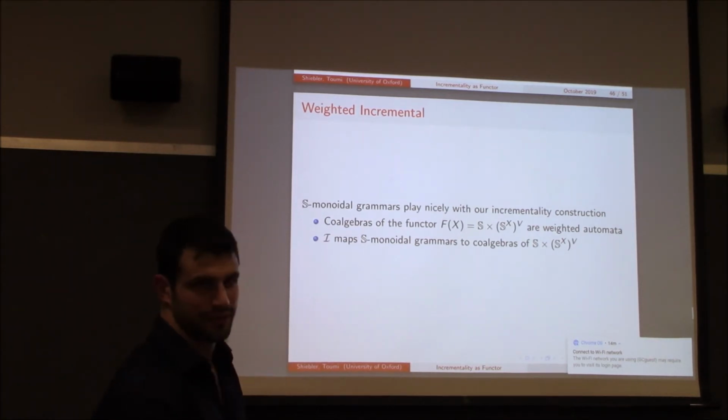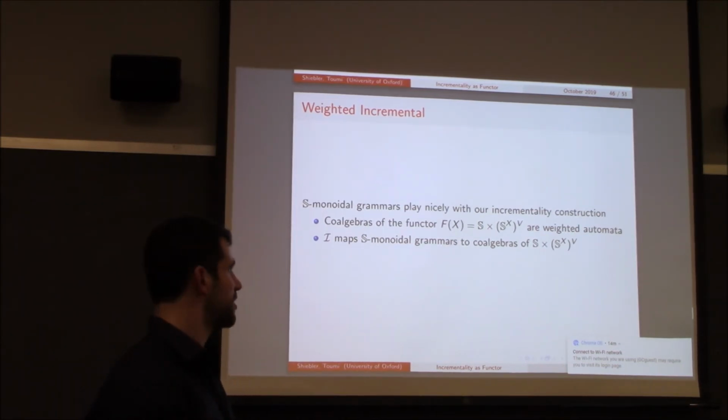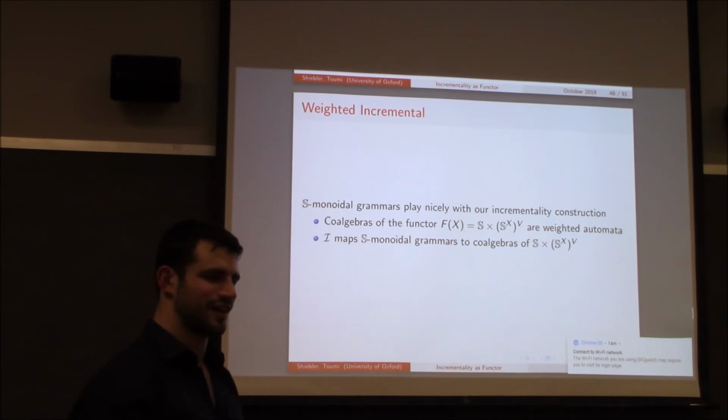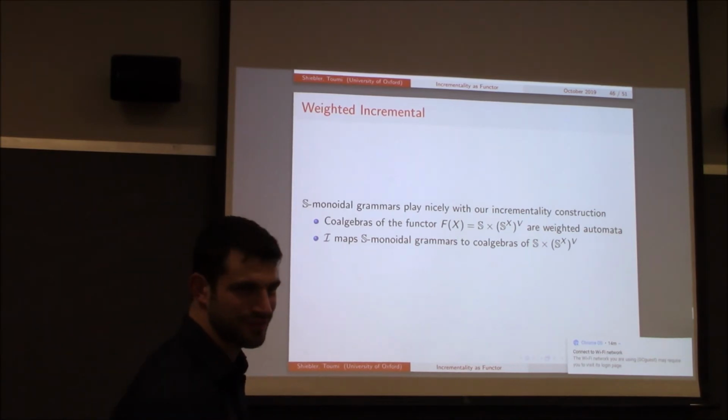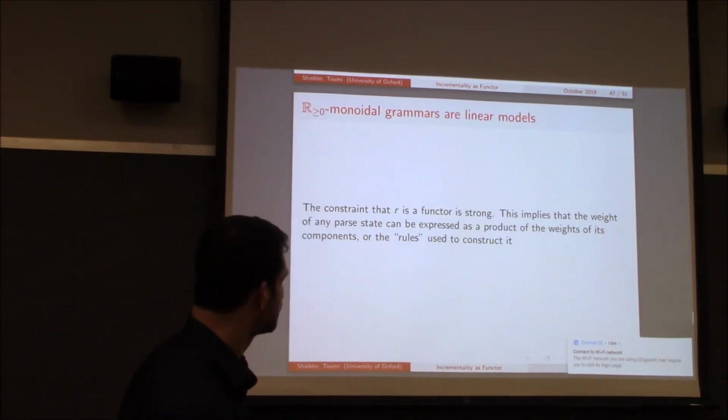You can develop everything just starting from this rather than starting from the non-deterministic automata, but I think it's a little bit more intuitive when you go from the other direction.